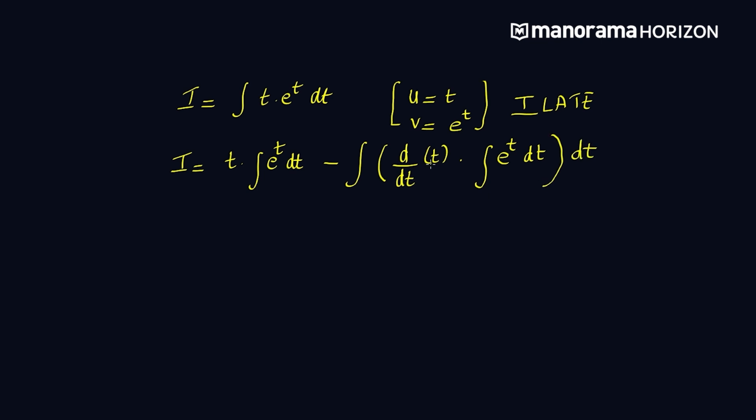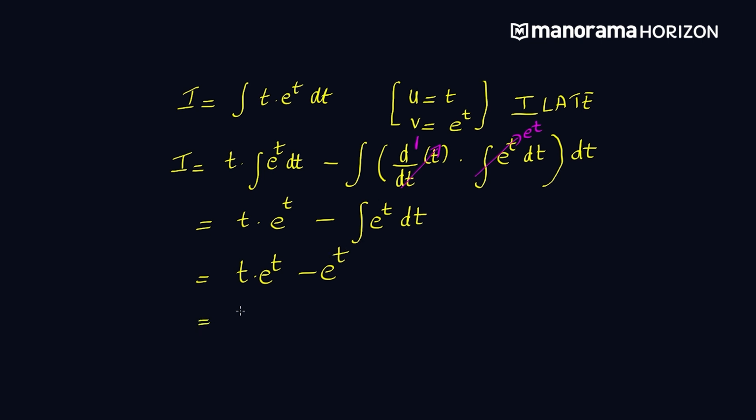Now what is d by dt of t? It will be 1, and integral of e raised to t will be again e raised to t. So this will be equal to t into integral of e raised to t, which is e raised to t, minus outside 1 into e raised to t, integral of e raised to t dt, which is equal to t into e raised to t minus e raised to t.